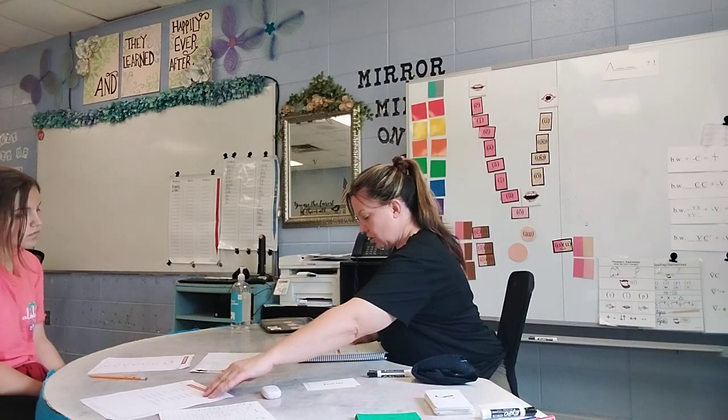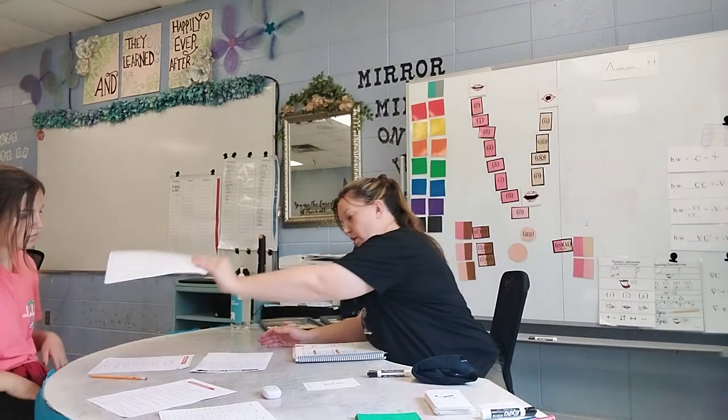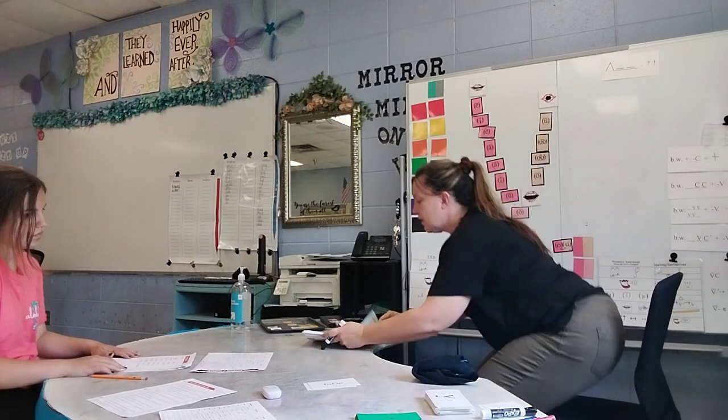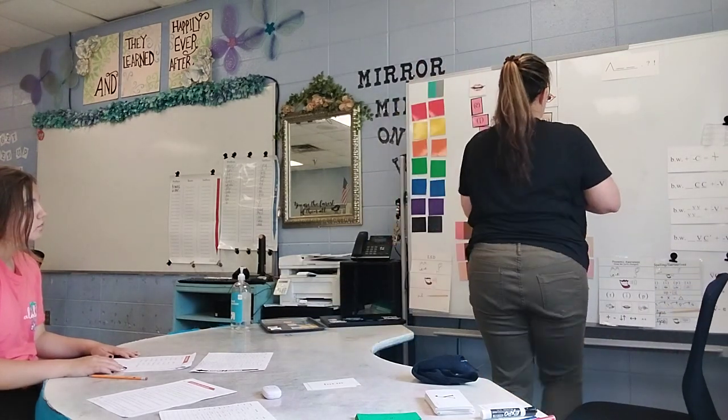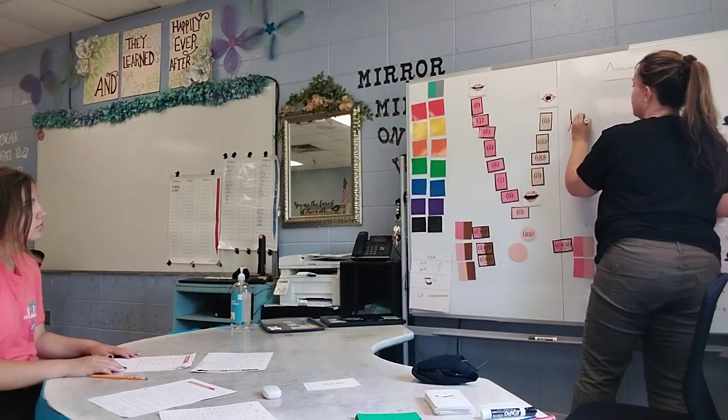We are going to highlight the root words in each one, but I want to model with some that we've already done. So let me write these back up here really quick, because we code these a little different.